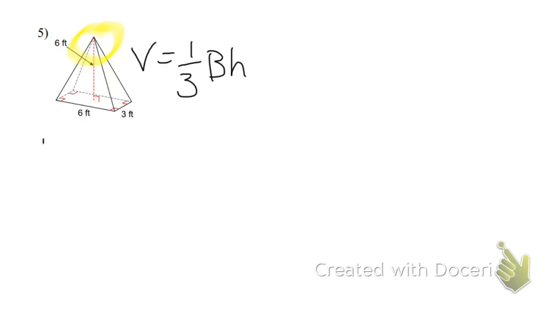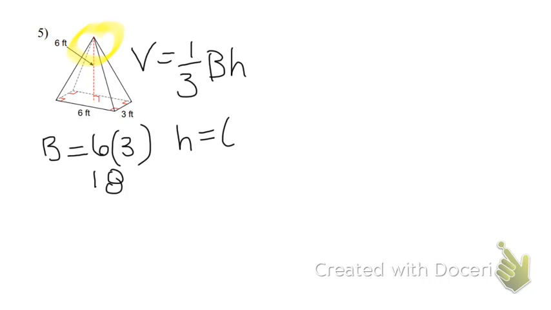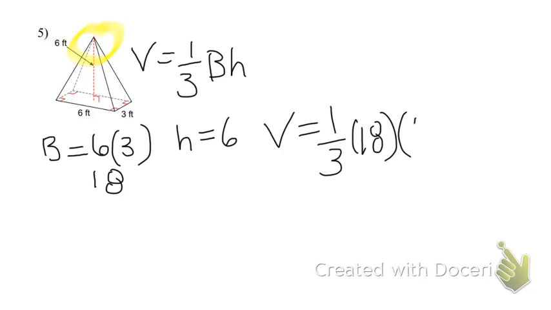So I got to find the area of the base, which is a rectangle, so that's 6 times 3, or 18. The height of this pyramid is 6. So the volume is 1/3 area of the base, which was 18, times the 6.